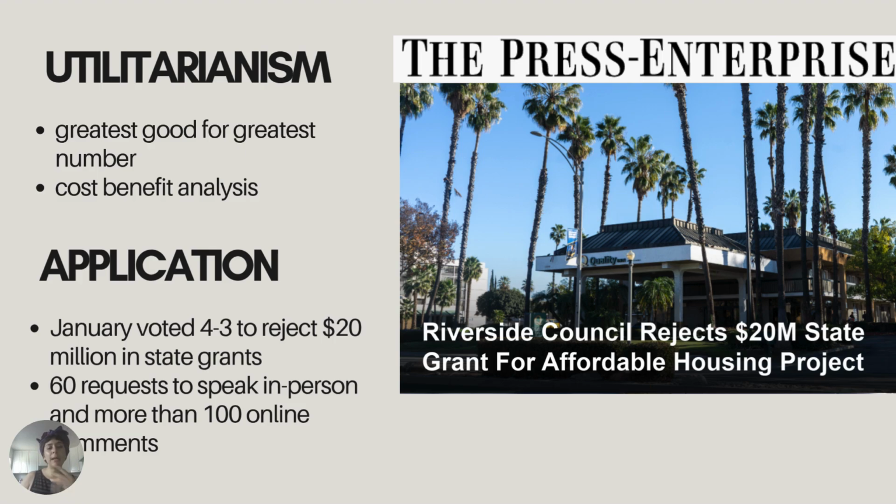And a real world example is recently Riverside Council rejects 20 million state grant for affordable housing project. In January, the council voted 4-3 to reject the 20 million in state grants. The community really showed up to the council meeting with 60 requests and more than 100 online comments.